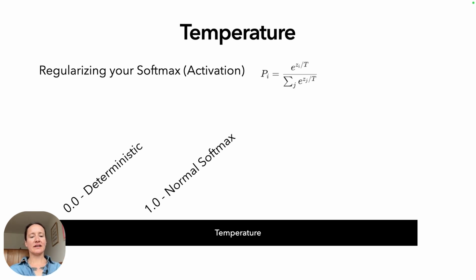We can think of 1 being a normal softmax, so standard machine learning, standard deep learning prediction, not playing so much with temperature. And then we can think of 2 and above starting to go more into wild style. So let's take a look together.